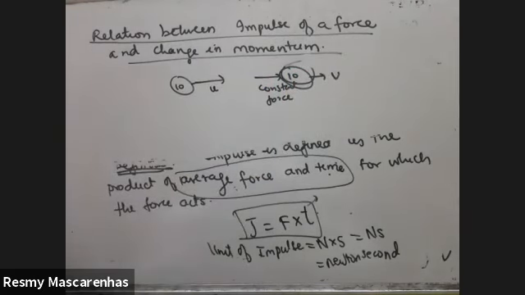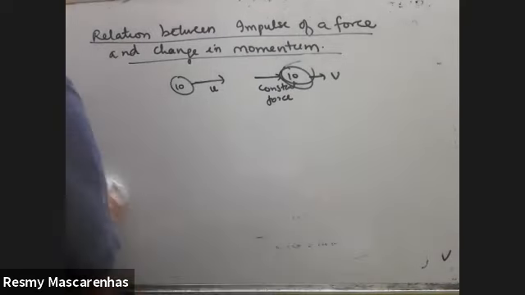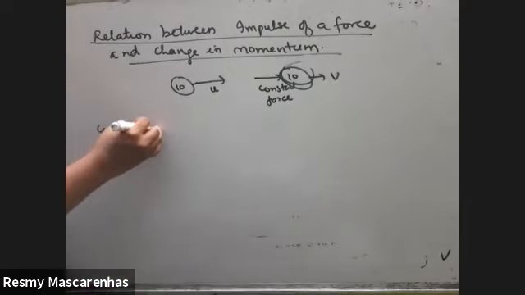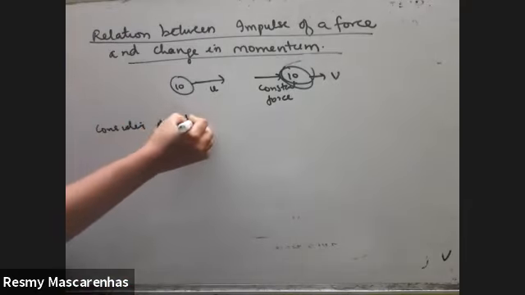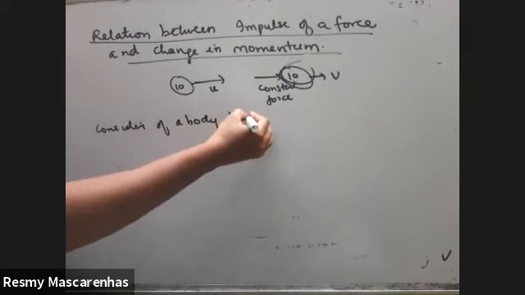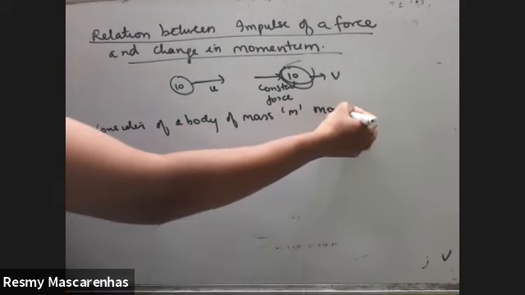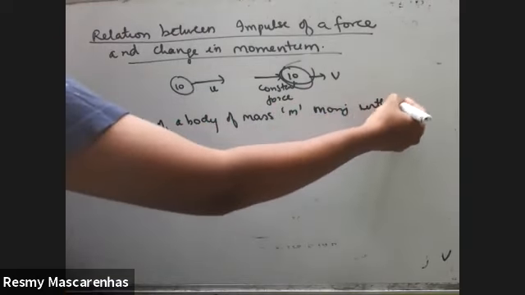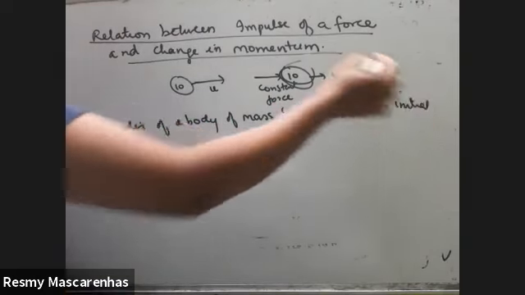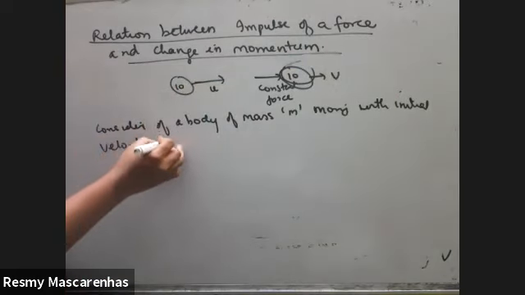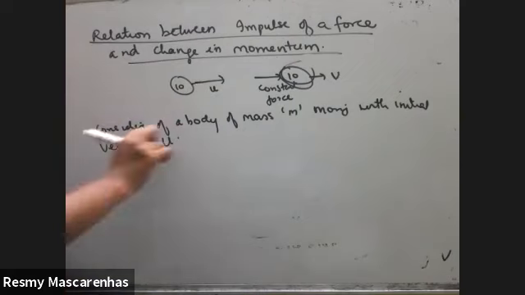Same logic, the same starting explanation you write now. Consider a body of mass m moving with initial velocity u.